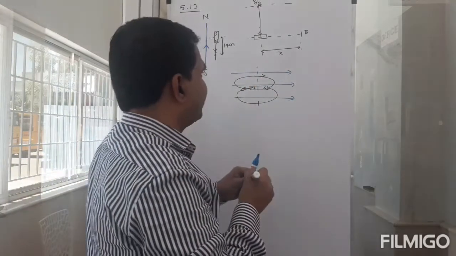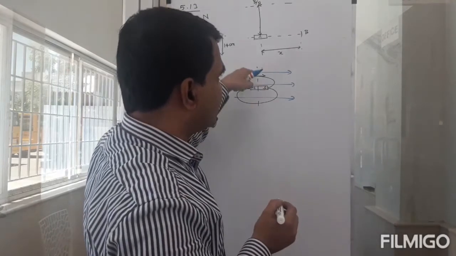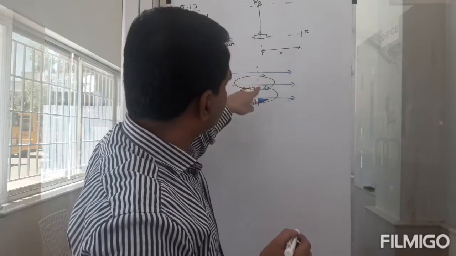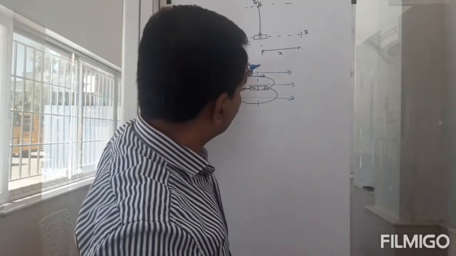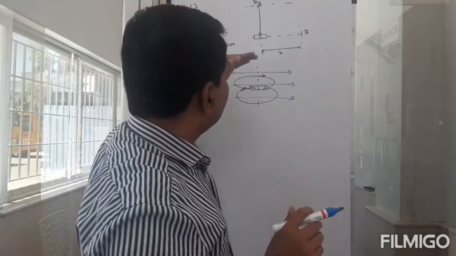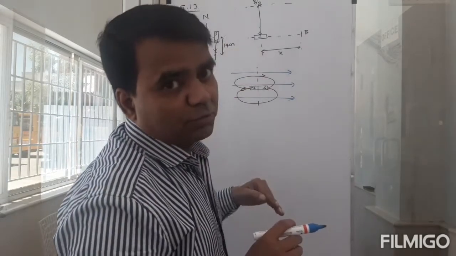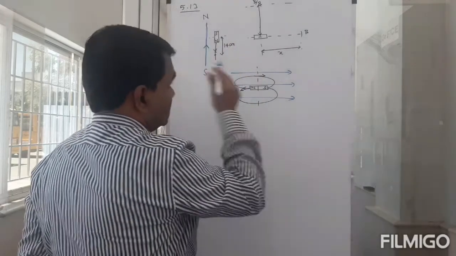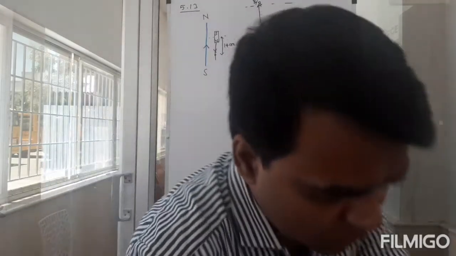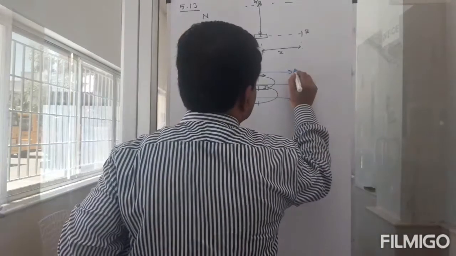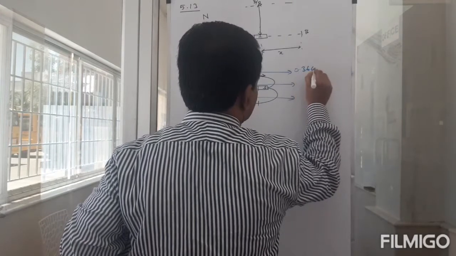So what would be the net field at that point? The field due to the earth magnet, and also the field due to your bar magnet. So this point will have the sum of both. So the field strength will be stronger here. So we said in this problem, the earth field is 0.36 Gauss.